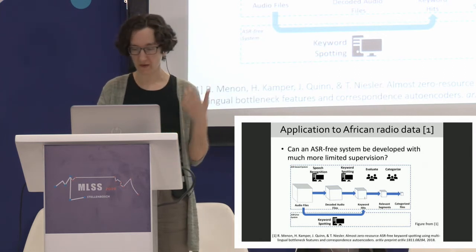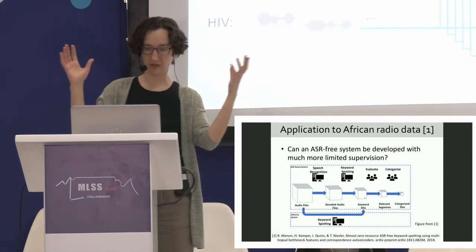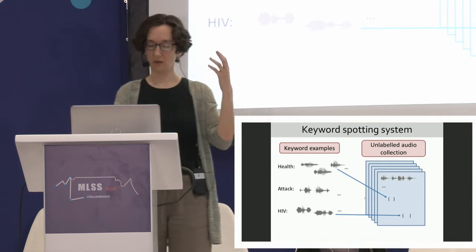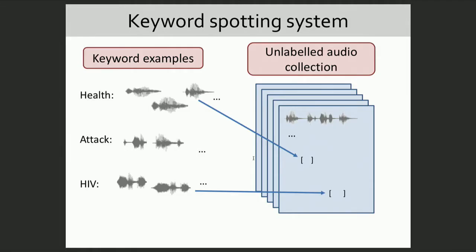The way that works, in the big picture, is you have some examples of keywords, perhaps recorded ahead of time or on the fly. Different people speaking different examples of some keywords that you might be interested in, things like health or attack or HIV.